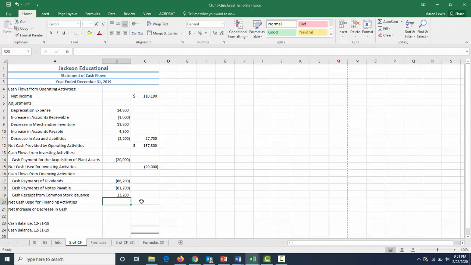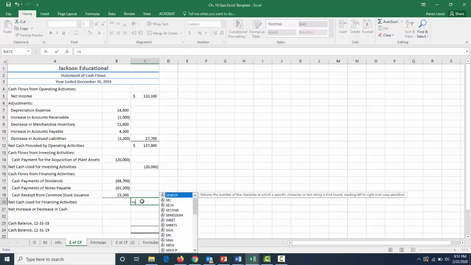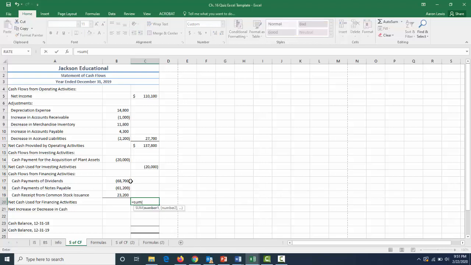So our cash used for financing activities is just going to be equal to the sum of those three numbers, and that is a cash outflow of $106,700. To find our net increase or decrease in cash, it is simply the sum of your three different categories: operating, investing, and financing.